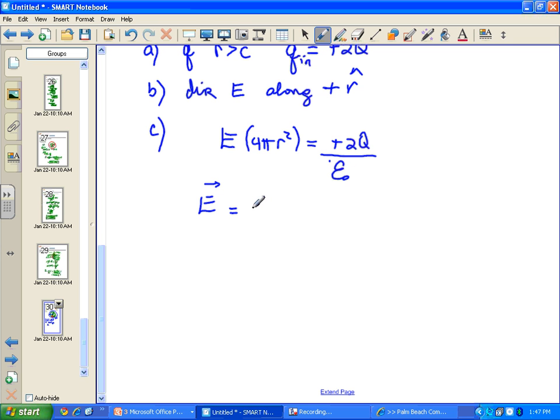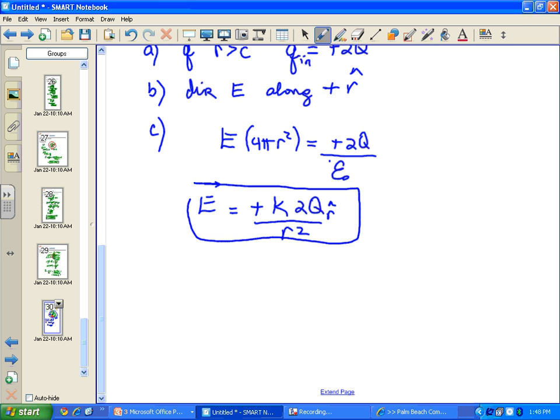E, therefore, is equal to plus k times 2q divided by r squared. We're going to leave this in symbolic form because there's an r hat vector here, and they didn't give us any numbers to work with. So that's the electric field for r greater than c.